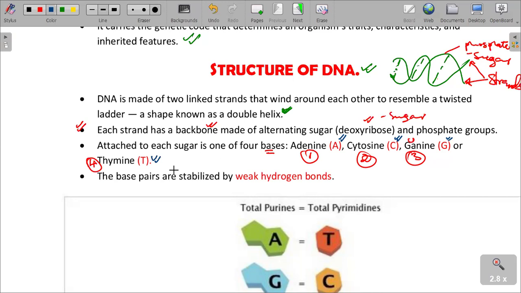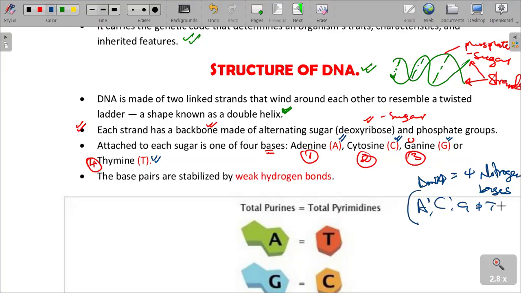A stands for adenine, C for cytosine, G for guanine, and T for thymine. So DNA has four nitrogen bases: A, adenine; C, cytosine; G, guanine; and T, thymine.